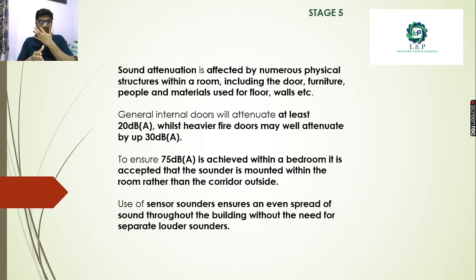To ensure 75 decibels is achieved in the bedroom, make sure the rest of the things inside the room do not absorb these sounds. And if you are installing anything inside a room where there is a possibility for a person to sleep, please install it with 75 decibels.